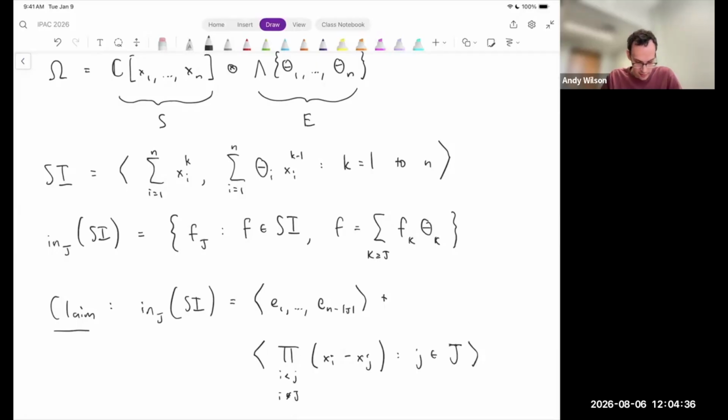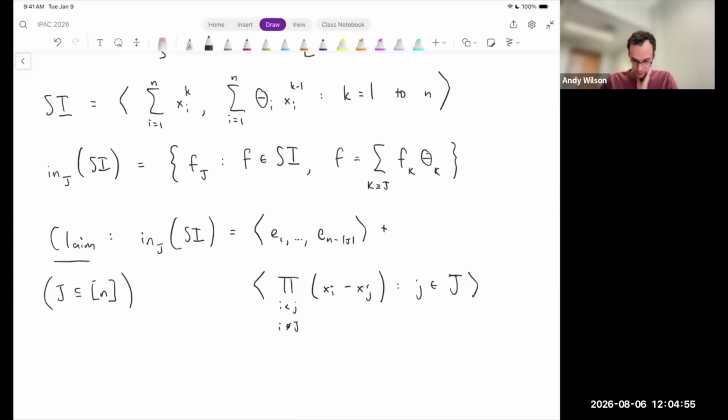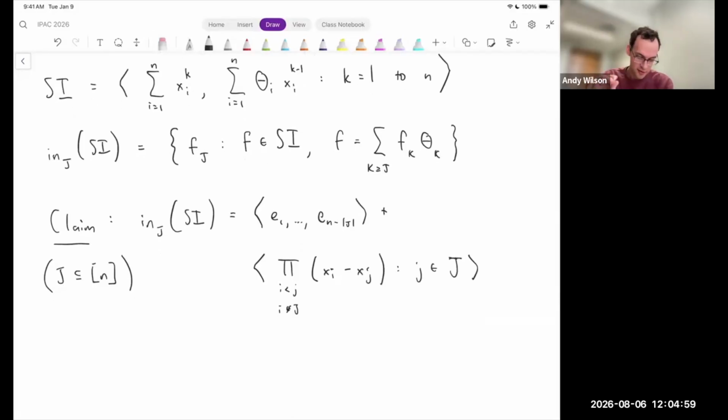And I should write somewhere that J here is a subset of 1 through n. So to understand this superspace invariant ideal, we're going to understand 2 to the n many polynomial ideals, these initial ideals. Today we're going to at least sketch a proof of this containment, that everything on the right is in this initial ideal.